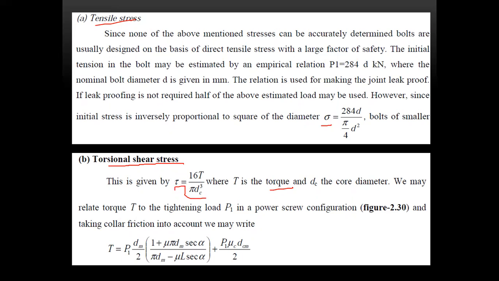T is the torque, dc is the core diameter, and we may relate torque T to the tightening load P1 in a power screw configuration, and taking collar friction into account, we may write T is equal to P1 into dm by 2 into (1 plus mu dm secant alpha by pi dm plus mu secant alpha) plus P1 mu c dcm by 2.